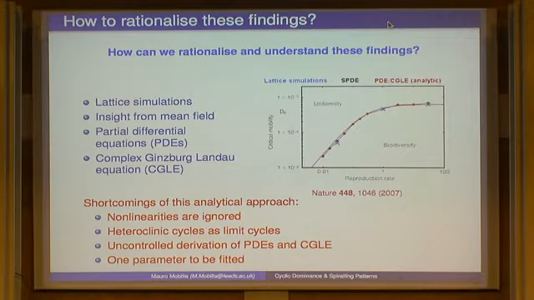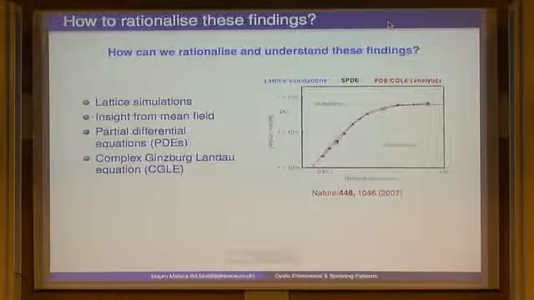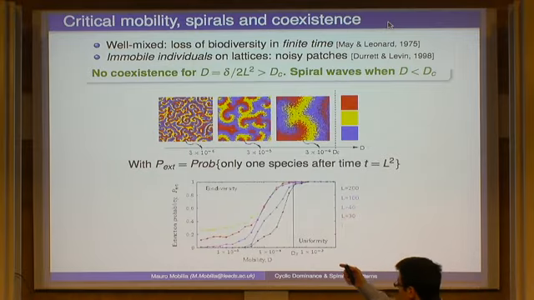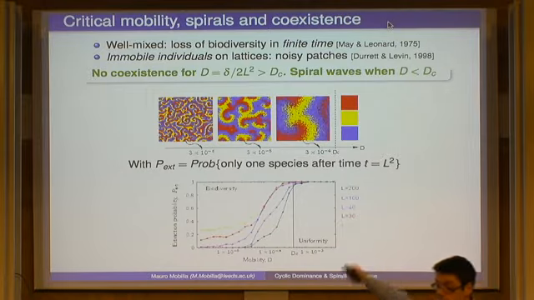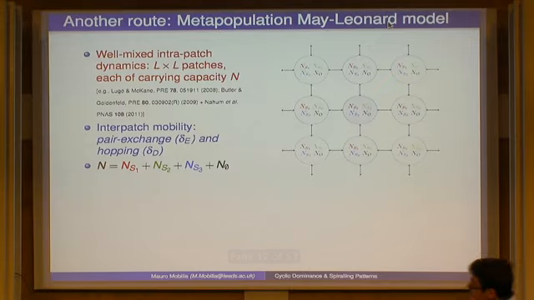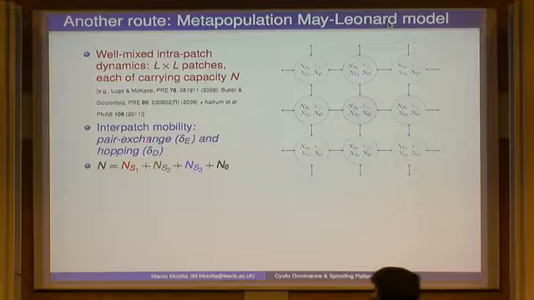So what I'm willing to do now is to tell you a bit more about, I'm interested in characterizing these patterns here, right? And the approach that we are taking now is to adopt another route and to use a metapopulation approach. So basically what we do is a little bit like something that Alan has been doing for a while, and also Nigel Goldenfeld, who we had here, has been doing.